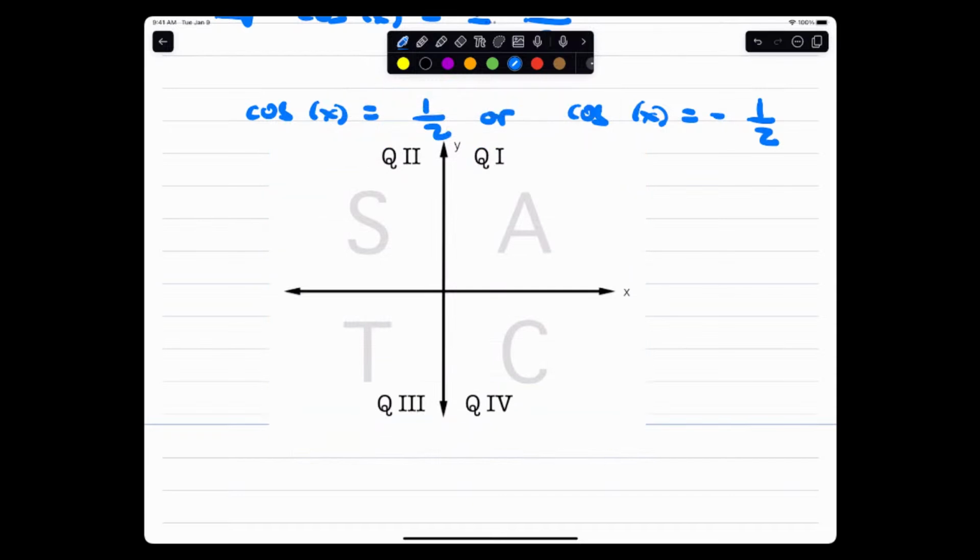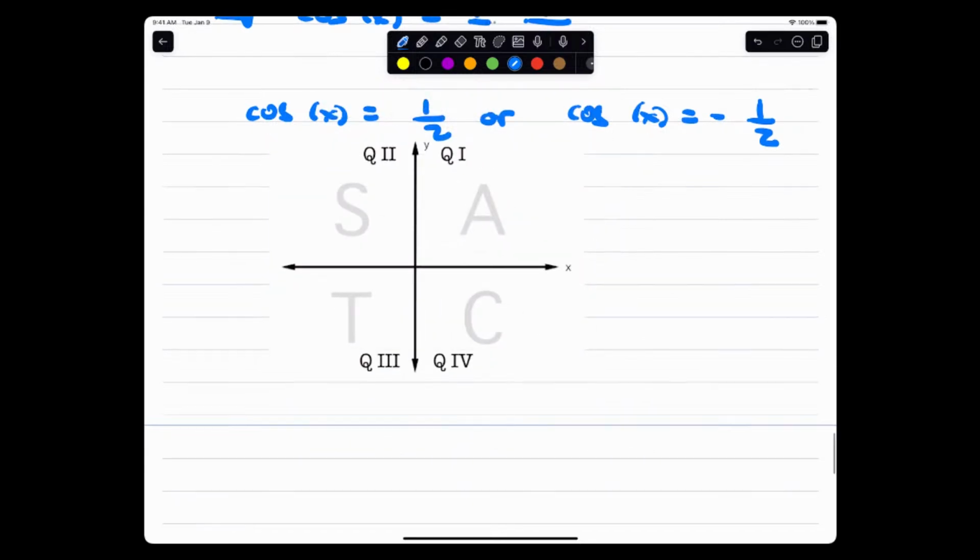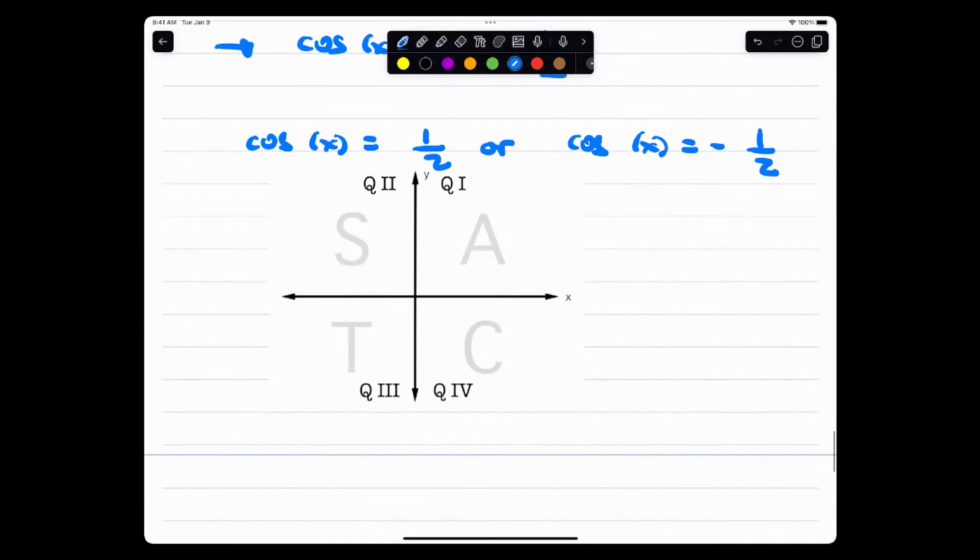Okay, so where is secant positive? Yeah, maybe I'll color it. You got cosine 1/2. So quadrant 1 and quadrant what? 4. You guys okay with that?